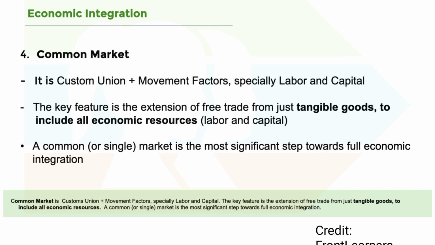It is customs union plus movement of factors, especially labor and capital. The key feature is the extension of free trade from just tangible goods to include all economic resources. A common market is the most significant step towards full economic integration.